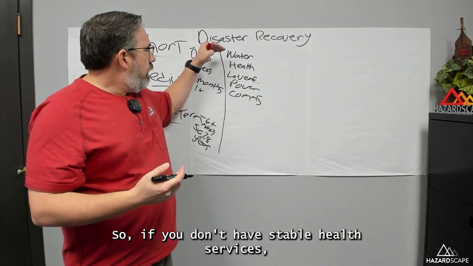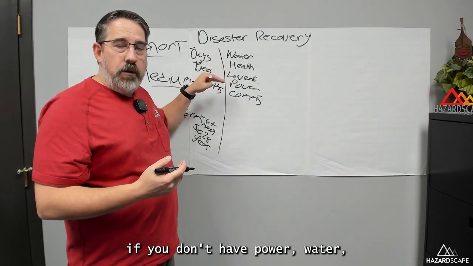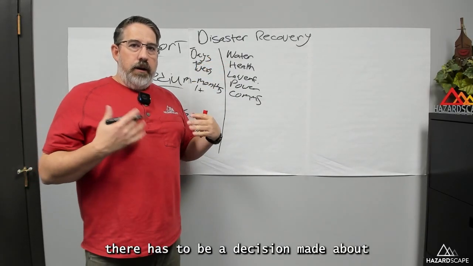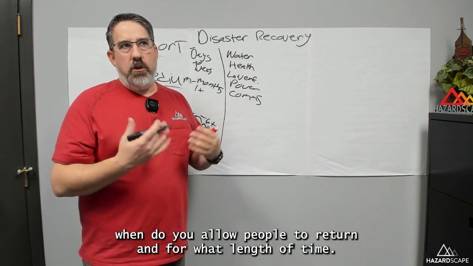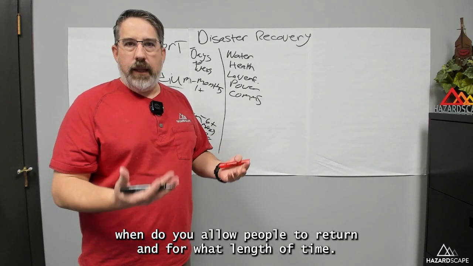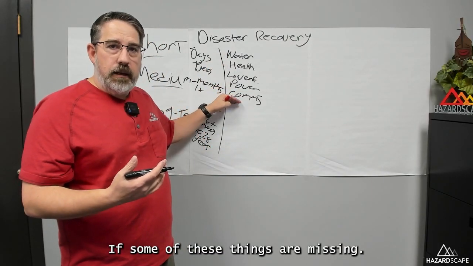So if you don't have stable health services, if you don't have power, water, there has to be a decision made about when you allow people to return and for what length of time if some of these things are missing.